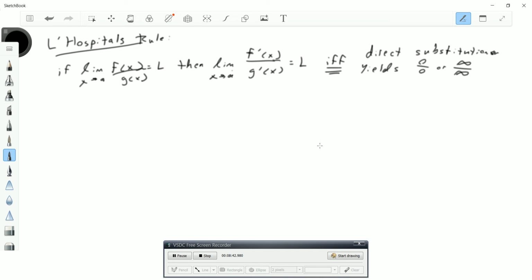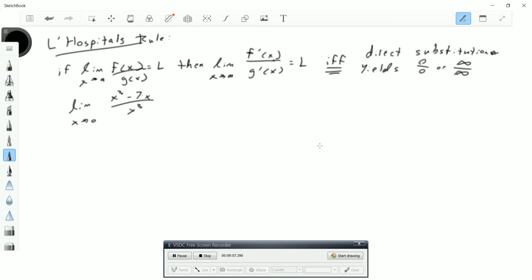So let's do an example. Maybe say the limit as x goes to 0 of x cubed minus 7x over x cubed. Now notice when we plug in 0, we get 0 cubed, 0 minus 7 times 0 is 0 over 0. So we get 0 over 0.